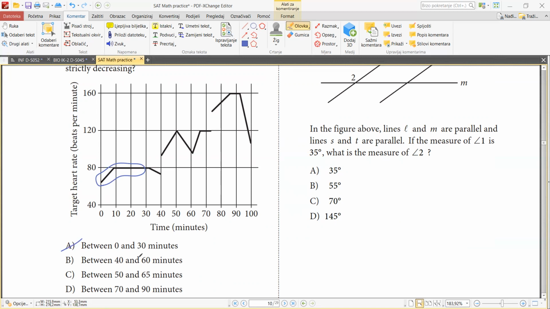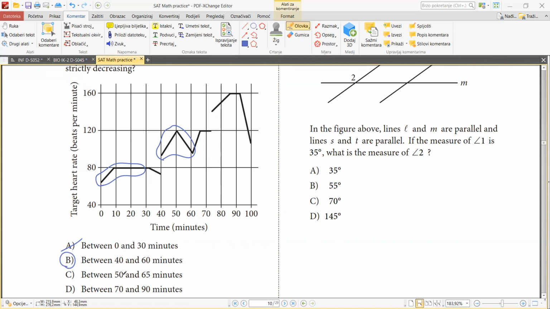In B, between 40 and 60. Between 40 and 60, this is the part here. And we see that it's increasing and then decreasing as it should be. So we can select B. Let's check the other two answers.